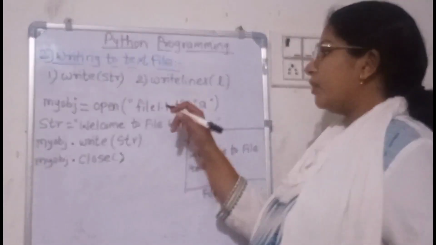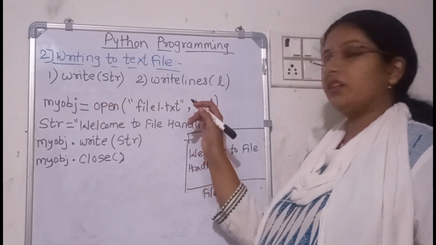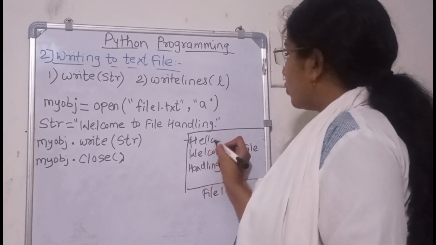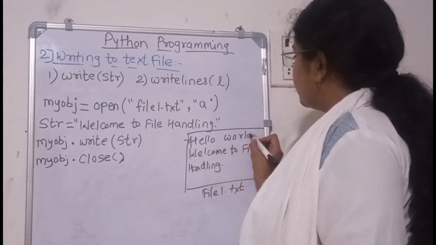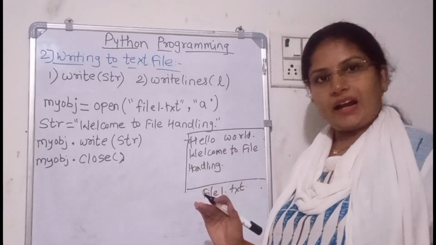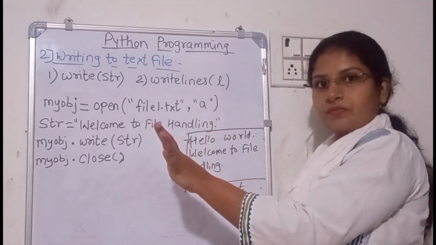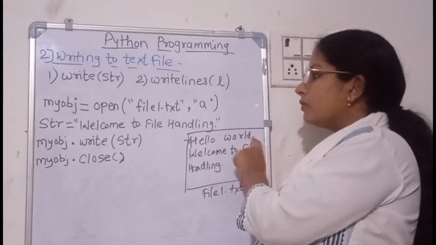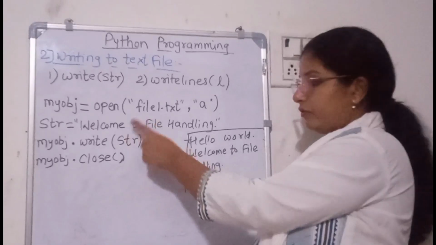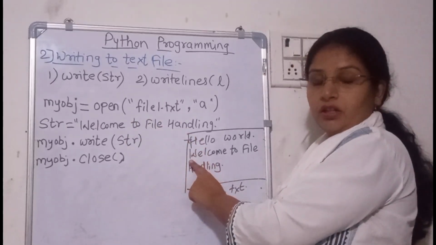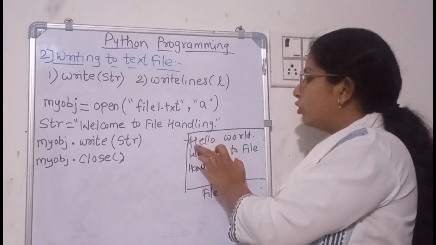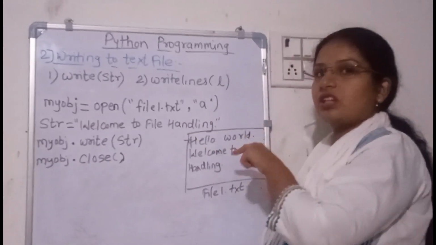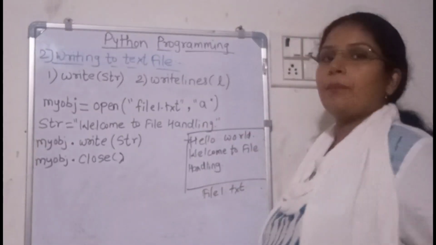So if I am opening the same file with the append mode, then the previous data, which is your hello world, will be taken as it is. I am not touching that data. My new content will be written from the next pointer, from the next line. So hello world will be as it is, and we are appending the new content to the existing content. That's why append mode is there.